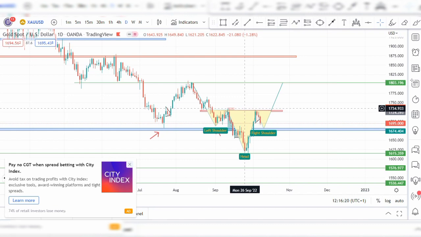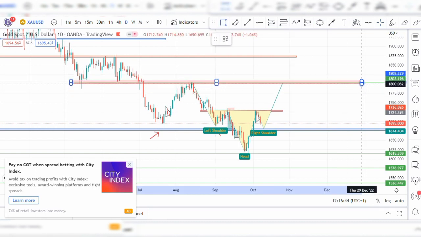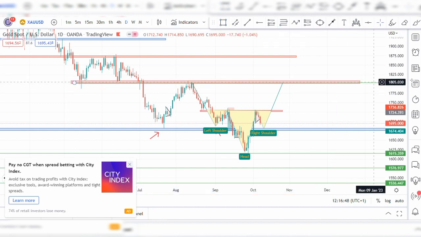So if you add 115, that would be 1845 or so. So we'll be looking at around this area here for our take profit if we're looking at that. But generally, like I said, I will be targeting the 1800 area as my next profit target. Okay, that's that area over there.